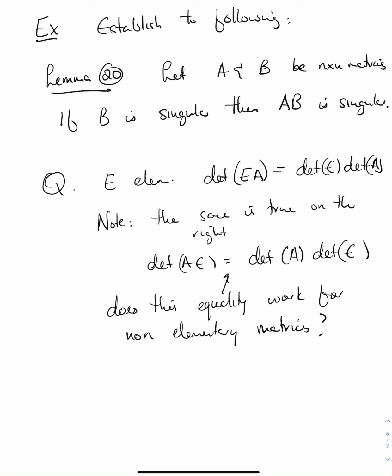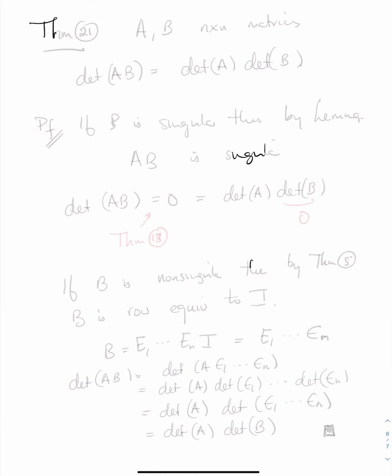The answer is yes. Theorem 21. If A and B are n by n matrices, no matter what kind of matrices these are, then the determinant of A times B is equal to the determinant of A times the determinant of B.